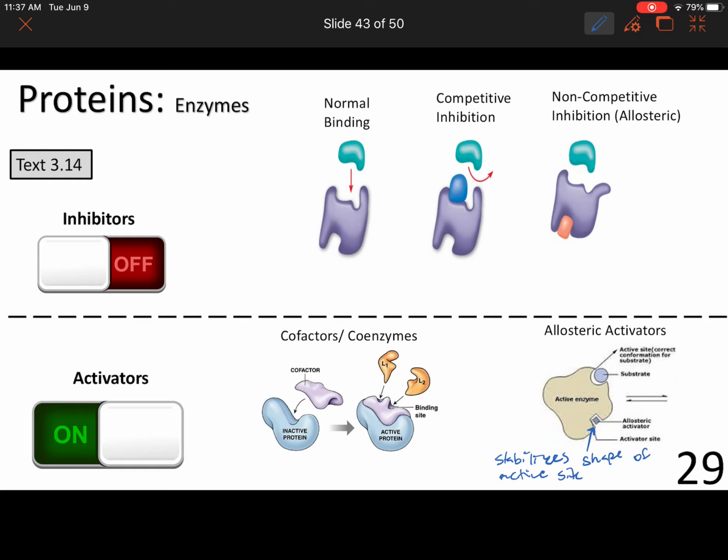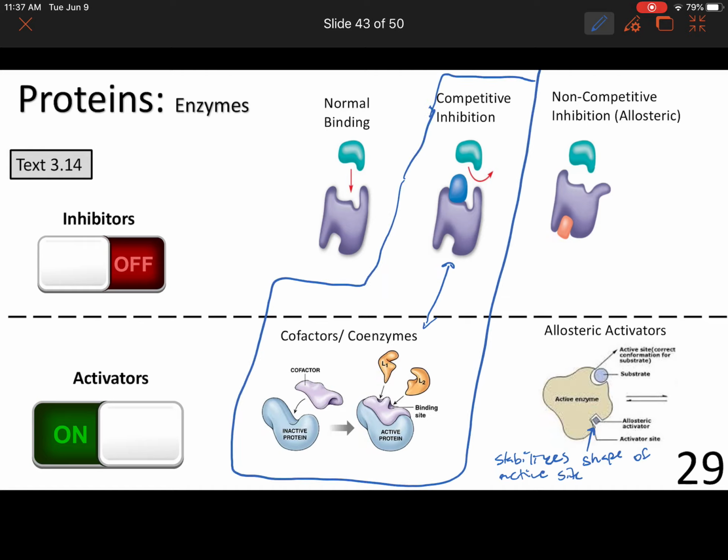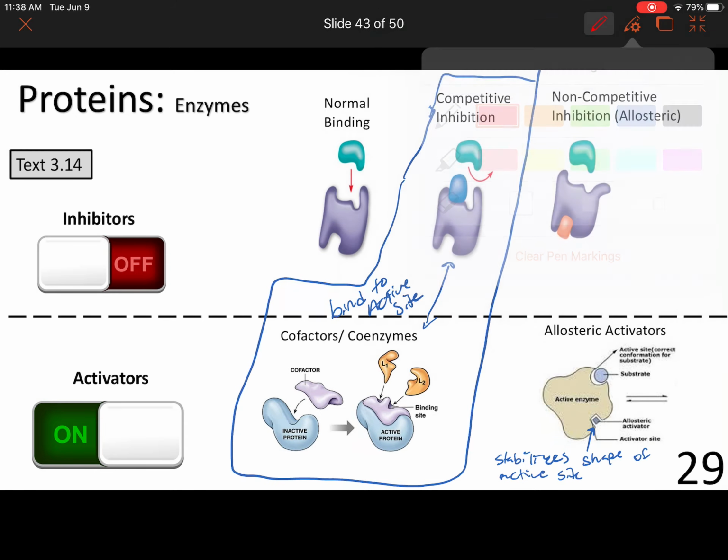So overall, inhibitors stop the enzyme from speeding up the reaction because they keep the reactant from the active site. The competitive inhibitors block the reactant site. The allosteric inhibitors distort the shape of the active site by binding somewhere else in the enzyme. Cofactors and coenzymes are analogous to the competitive inhibitors because they bind to the active site.